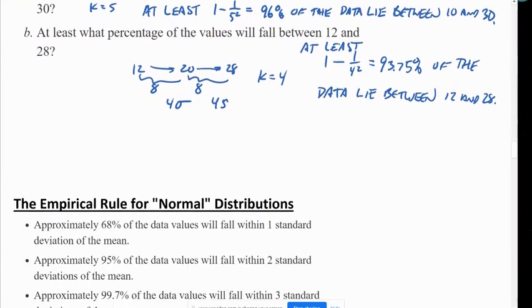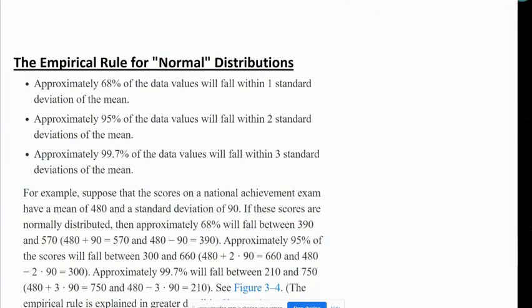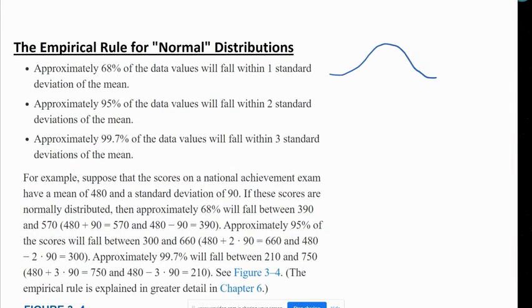Okay, and then the last thing we're going to talk about is normal distributions. When we use the word normal, that means it has a bell-shaped curve. So there's a lot of data in the middle and not very much data out at the extremes. We have a graphic of that down here. This is what a bell-shaped distribution looks like. We typically get normal distributions when we have a really large sample of data.